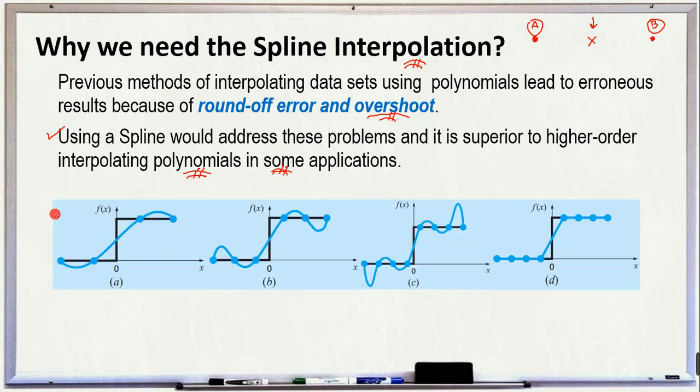So we have here the figure below. Now, this black line represents the true function. Okay, this is our true function. Now, we are going to estimate this one using either interpolating polynomials or spline interpolation.